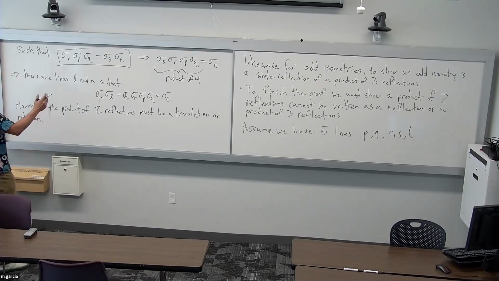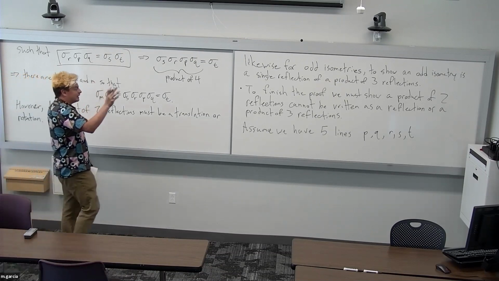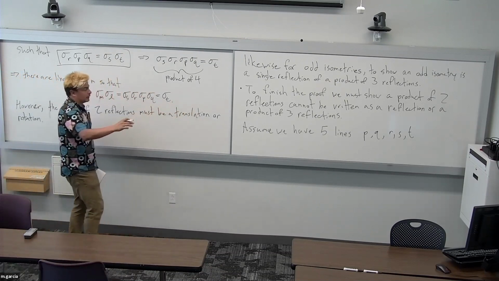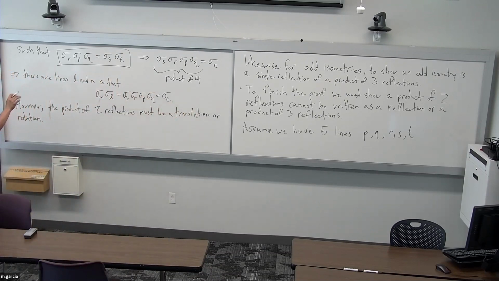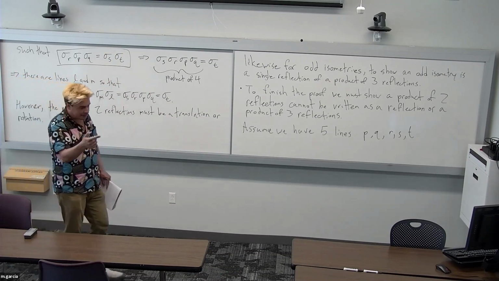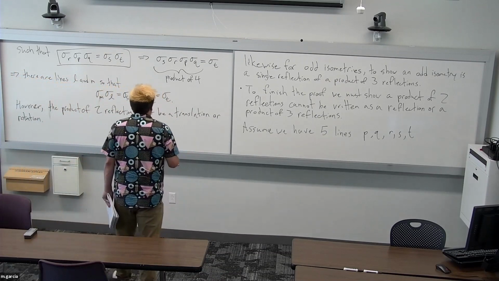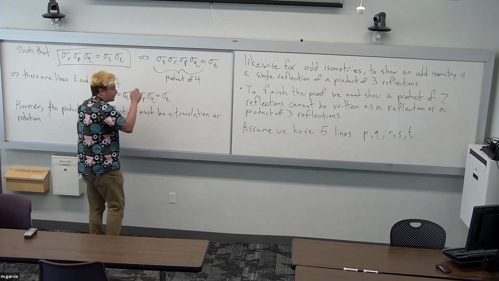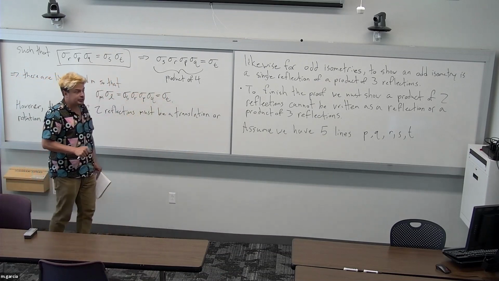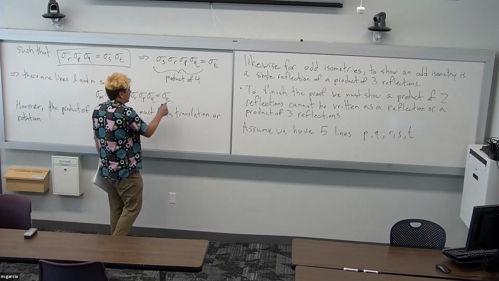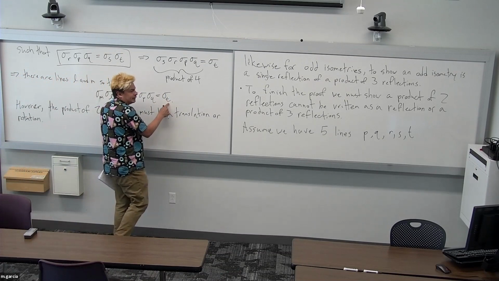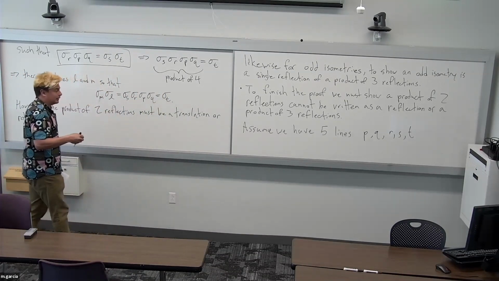Okay, so now a translation has no fixed points, a non-identity translation has no fixed points, and a non-identity rotation has exactly one fixed point. Whereas a single reflection has the entire line T of fixed points.